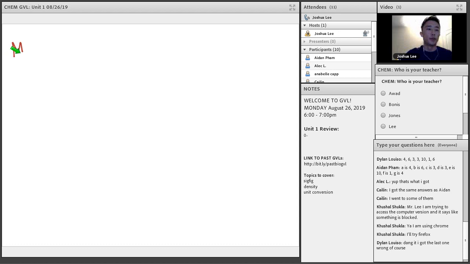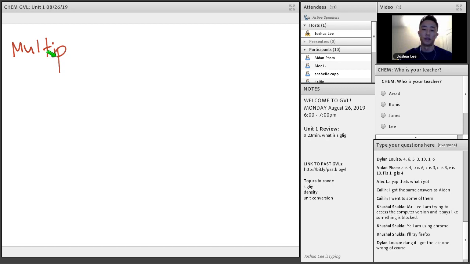Anytime you're multiplying or dividing, typically what I say is: 1, do the math normally. 2, check sig figs from the numbers you used. And 3, round the answer to the lowest sig fig. Up until 23 minutes we talked about sig fig rules, or what is a sig fig, and from 23 minutes on we'll be talking about sig figs in math.